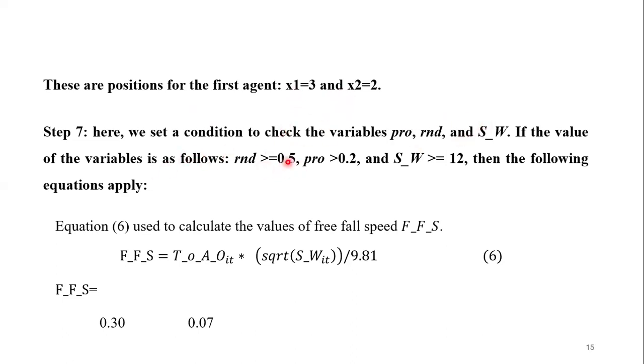For example, randomly we selected greater than 0.5, if it's greater than 0.2, and weight of stone greater than, then we follow equation 6, which is the free fall speed, which is the force for the stone, found by the time of arrival of the object to the ground multiplied by the square root of the weight of the stone divided by the gravity, and we find for the first agent 2 values, x1 and x2.